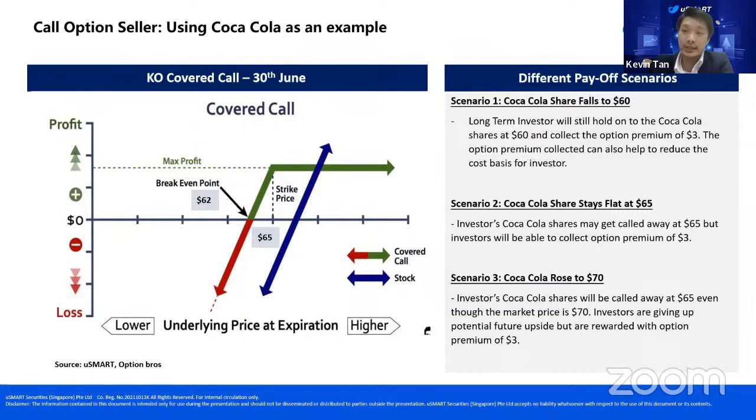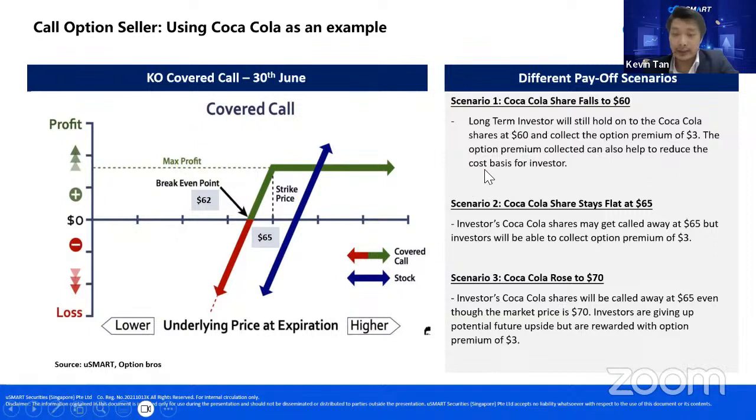So if Coca-Cola share moves downwards, if you are a long-term investor, assuming you buy at $65 and Coca-Cola share fell from 65 to 60, you will have lost $5, right? But if you buy Coca-Cola share at 65 and sell a call option at 65, you will have lost $5 on your capital gains, but you will be offset by the $3 of option premium that you earn.